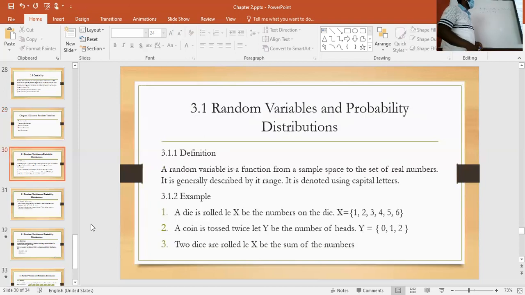So what is a random variable? A random variable is a function from a sample space to the set of real numbers. So X of s, where s is the sample space.